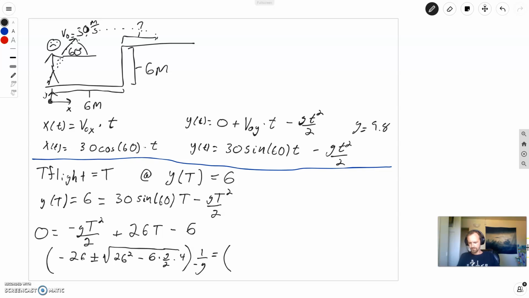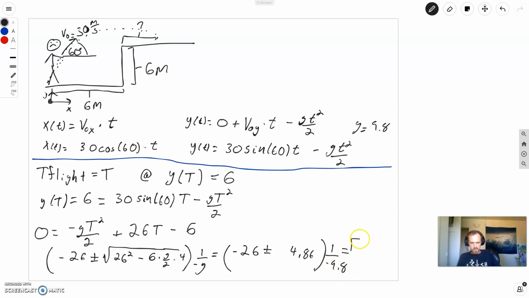Let me figure out that square root term. 26 squared minus 6 times 9.8 times 4 divided by 2. So I get negative 26 plus or minus the square root, which comes out to 4.86, all divided by negative 9.8.